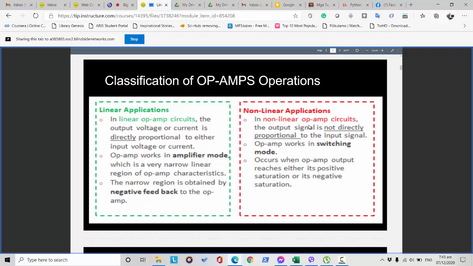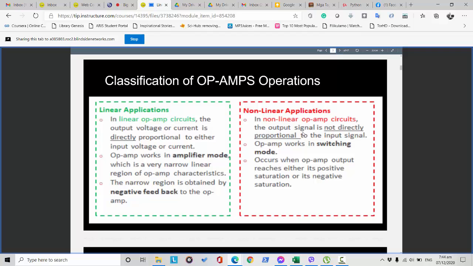In nonlinear operational amplifier circuits, the output signal is not directly proportional. So you can see the opposite definition of the two. The linear application is directly proportional to the input signal of the voltage or the current, while on the other hand, in the nonlinear application, the output signal is not directly proportional to the input signal.